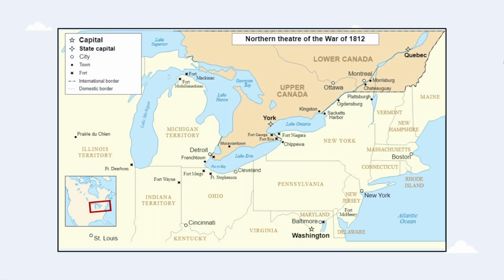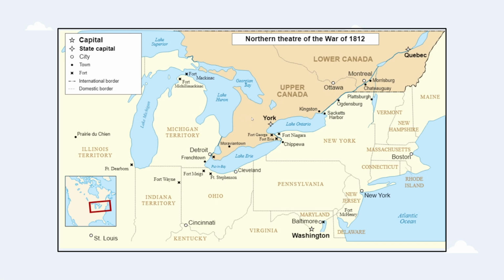Now let's take a look at a map of what's going on in this time. All of this light tan is going to represent the United States, and yes, there's some states here that we haven't looked at yet, and we'll spend time looking at how we acquire all of the states we know today, but this dark brown here is going to represent Britain.